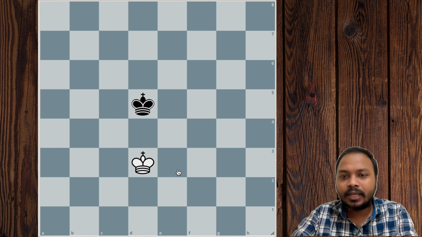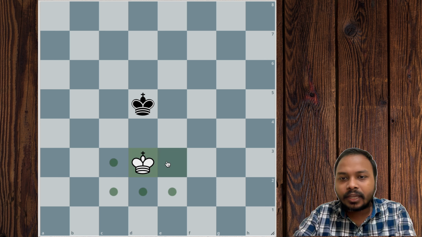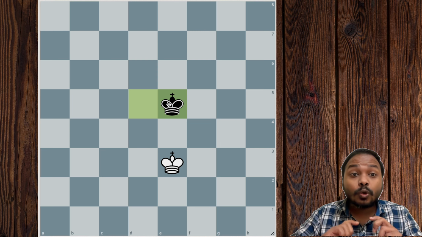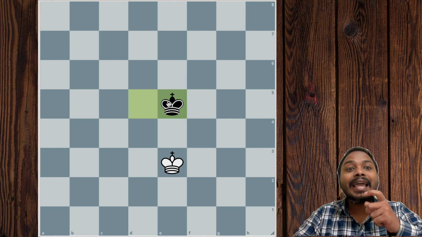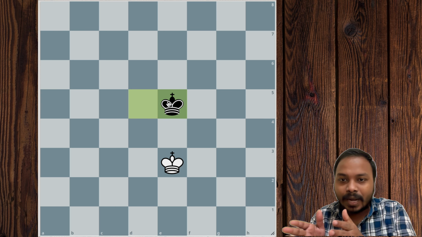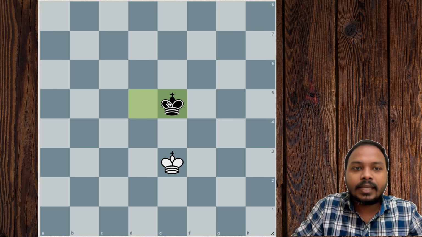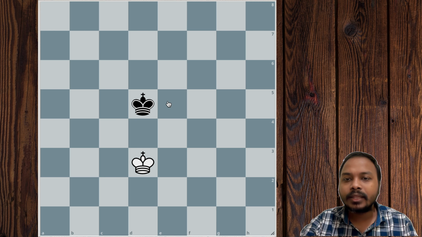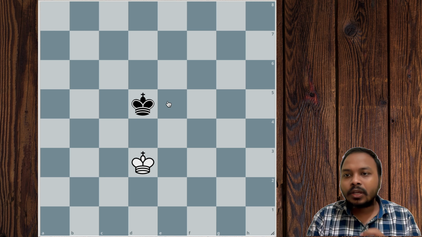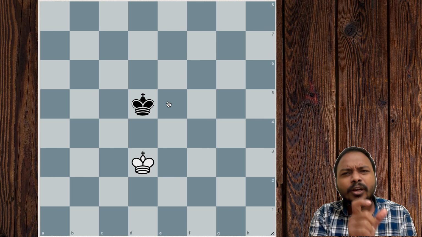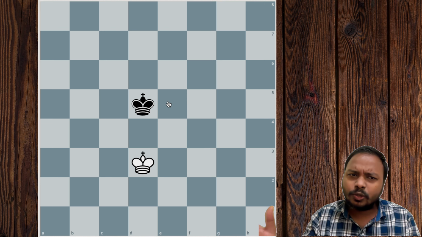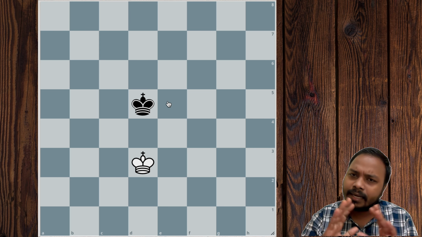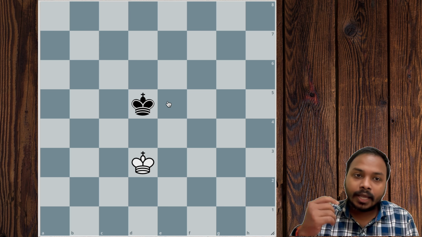Now for example, in this position, if the king moves here and black moves on this square, who is taking the opposition? Black is taking the opposition because black is the one who comes. So black took the opposition. That one you have to understand. So simple: an odd number of squares between two kings. Maybe vertically, maybe horizontally, maybe diagonally. Anything is possible.